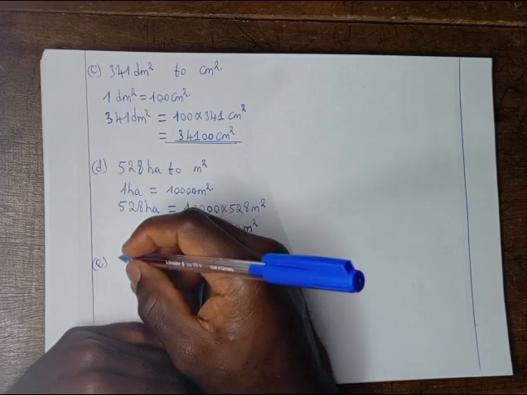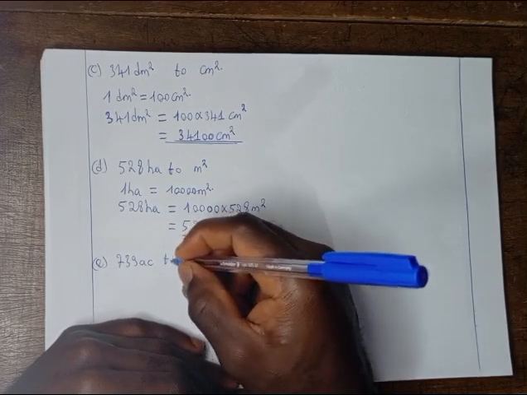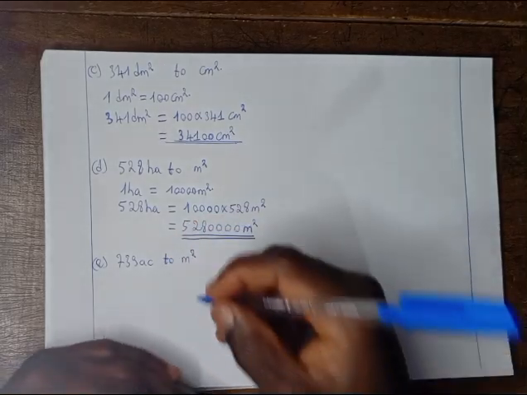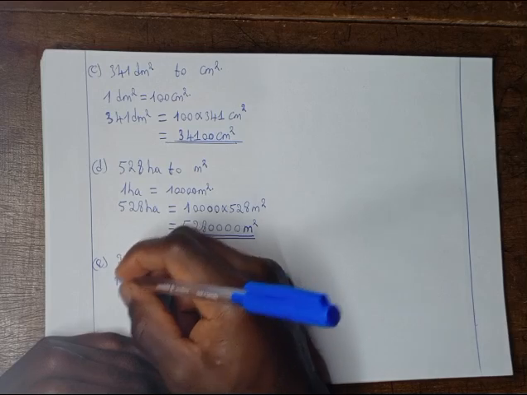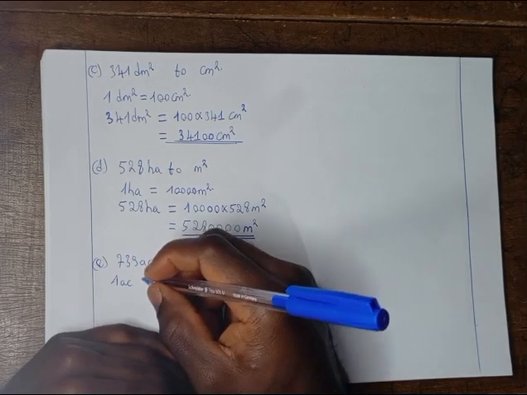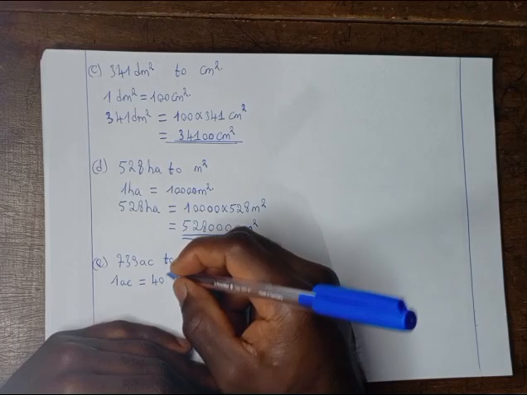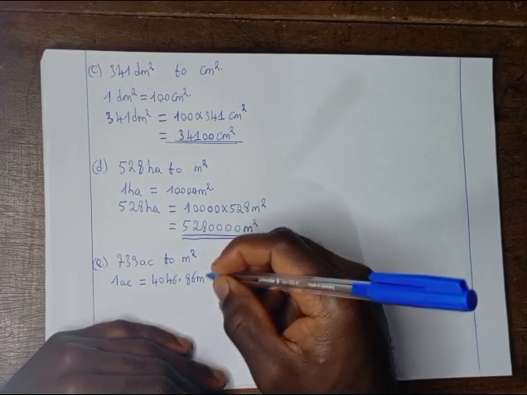we have to convert 739 acres to meters squared. First thing, we know that 1 acre is equal to 4,046.86 meters squared.